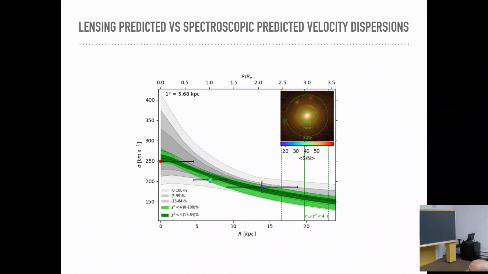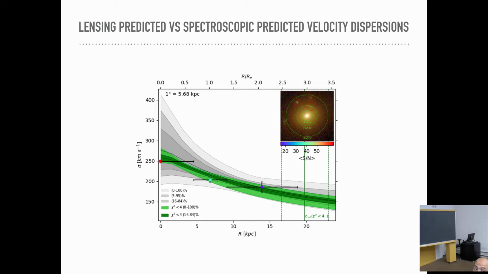For example, using the spectroscopic measurements that we can make using the MUSE data set, we can measure the velocity dispersion profile around the brightest galaxies in these clusters, and see if the velocity dispersion that we measure is compatible with the velocity dispersion predicted by the lens model.